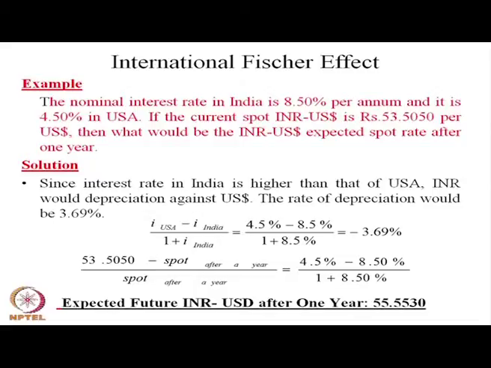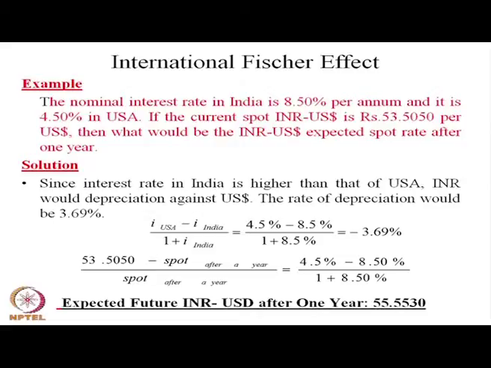The current interest rate in India is 8.5, current interest rate in USA is 4.5, and the current spot between INR, that is Indian rupee, and US dollar is 53.5050. These three things are given to us. We have to estimate after 1 year what the expected INR and US dollar rate is. Now, the question here is, first you have to estimate what interest rate differential is available to us.